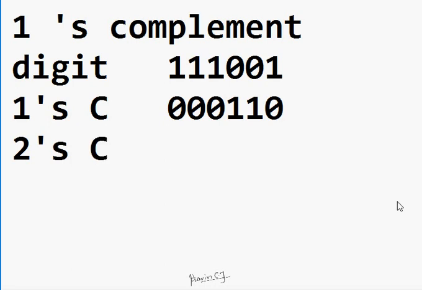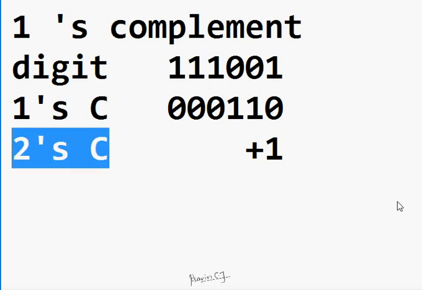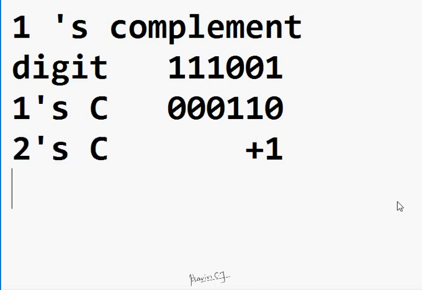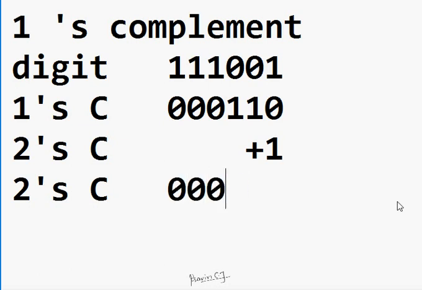We won't be spending much time on it, but if you don't know, remember, to calculate the 2's complement you just need to add 1 to the last digit of the 1's complement, and the result will be the 2's complement. Similarly, the 2's complement becomes 0 0 0 1 1 1. Very simple. You must know these things.